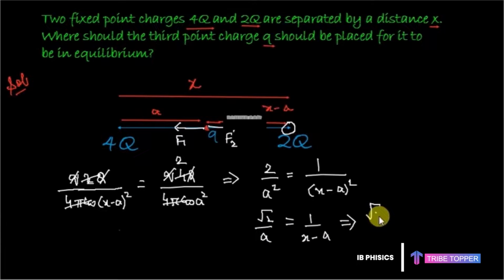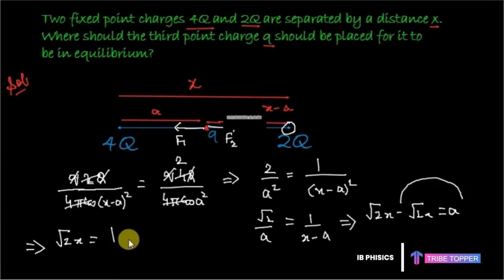root 2 x minus square root 2 times a is equal to a, and therefore we get, on rearranging the terms, that square root 2 times x is equal to, we'll take this on the other side, and we get in the brackets 1 plus square root 2 times a.